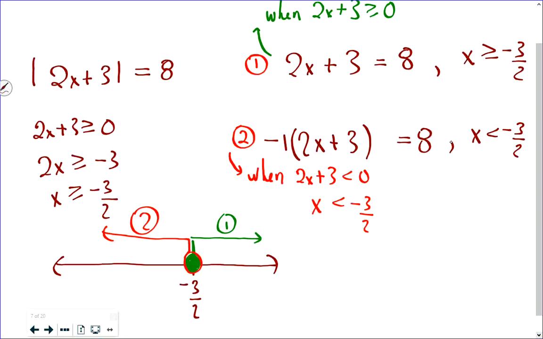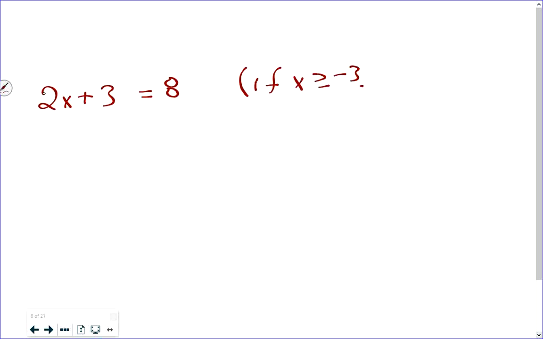The first equation, I'm just going to go to a new page. The first equation is 2x plus 3 equals 8. Don't forget, this is only if x is greater than or equal to negative 3 halves. So we solve this equation. This is easy.